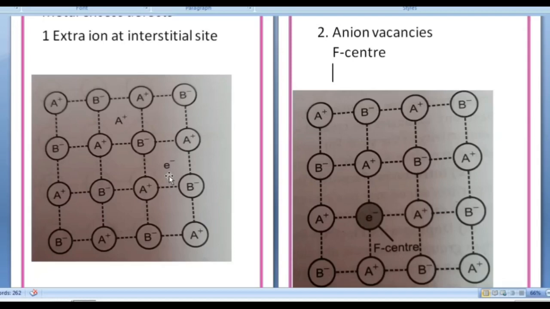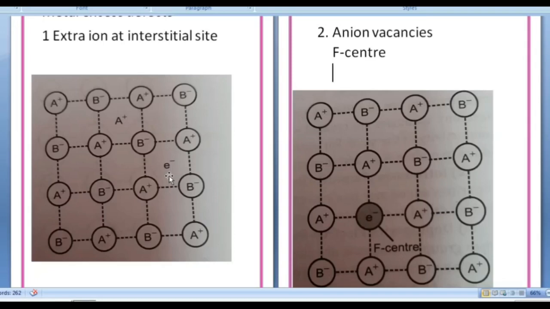This type of defect can be seen in crystals having Frenkel defect. The second type of metal excess defect is anion vacancies. Anion, you know, is a negative ion, and vacancy means it's missing.